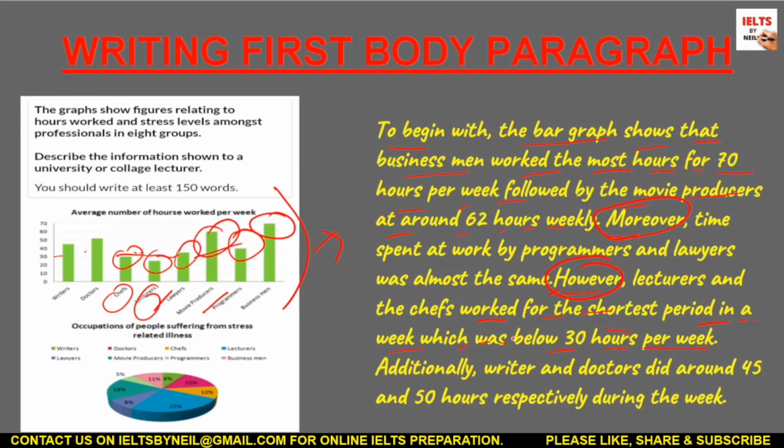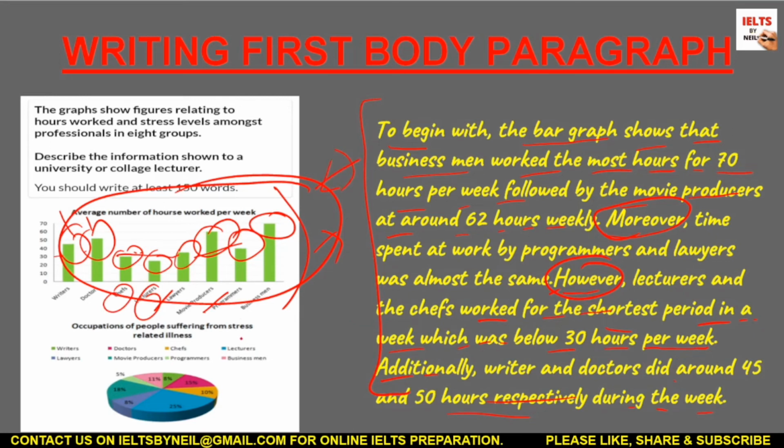Okay, now additionally, writers and doctors did around 45 and 50 hours respectively during the week. So writers and doctors, 45 and 50, right? So we have covered all of the data, right? And in just one paragraph. Okay, so the first paragraph we just dedicated to the first picture.